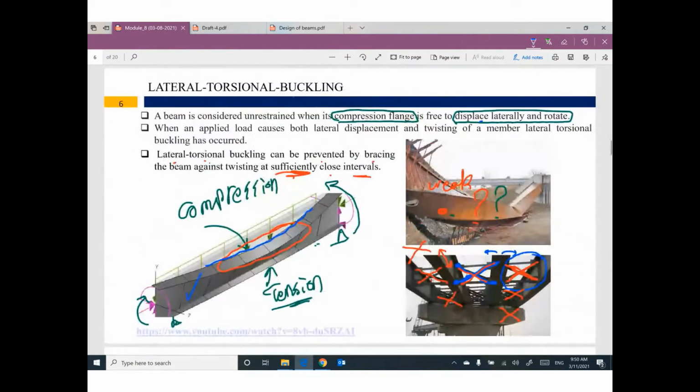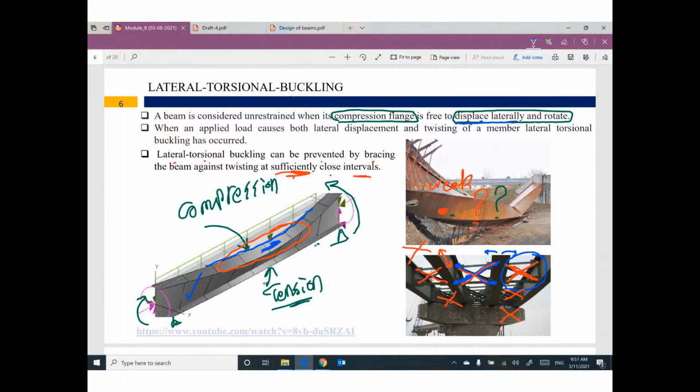Last meeting also, I covered what is the meaning of lateral torsion buckling. Lateral torsion buckling means the steel flange under compression will move laterally, will displace laterally.